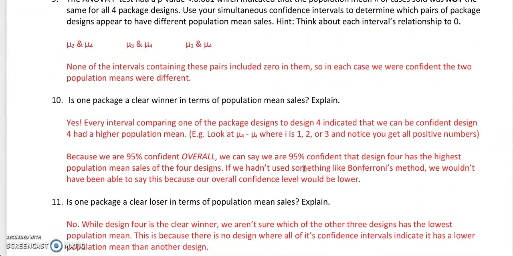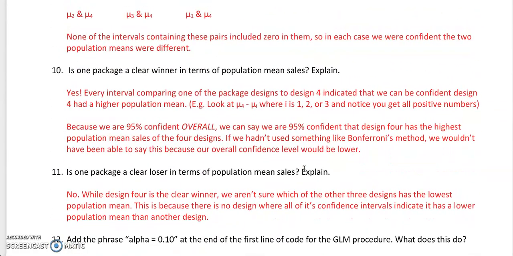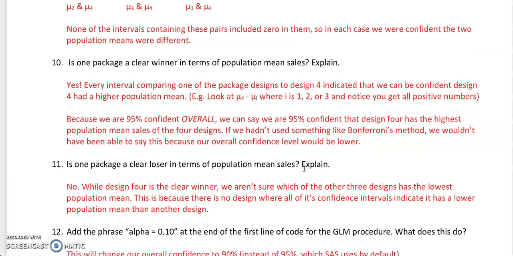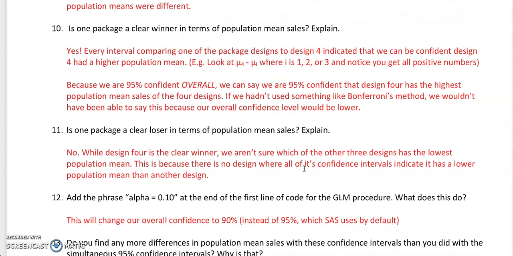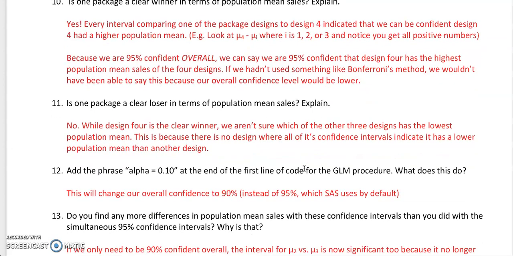And if you do that, what we've seen in the past is that if we don't need to be quite as confident, our intervals can actually be a little bit smaller, right? Because if we're imagining our intervals to be a net, we don't need as big of a net if we're only going to catch the thing 90% of the time as we would if we wanted to catch it 95% of the time. And so when your intervals get a little bit narrower, you might find that there's some comparisons that had positive and negative numbers originally and now only have positive or only have negative.